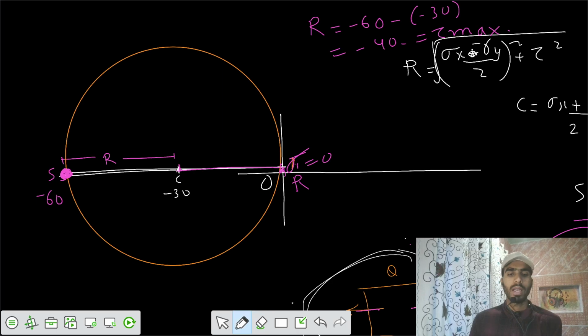And I need to get the location of the principal planes, that is sigma x and sigma y, and tau xy, that's planes P and Q. How can I get the location of P and Q?